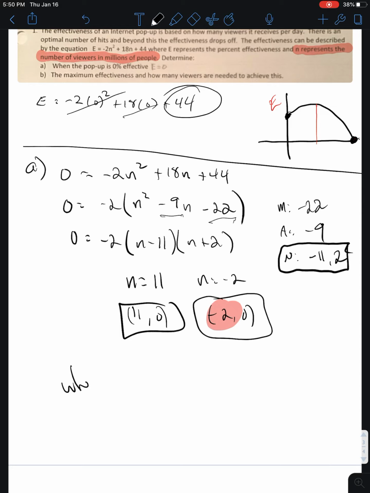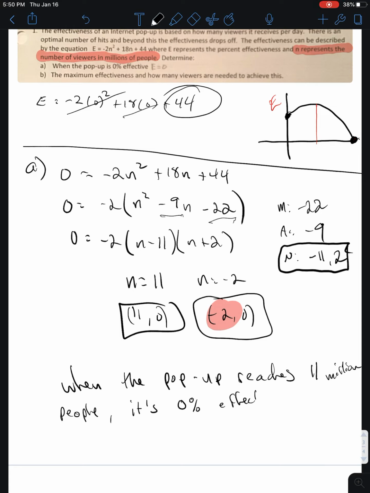So your answer is: when the pop-up reaches 11 million people, it's 0% effective. Does that make sense? Yeah.